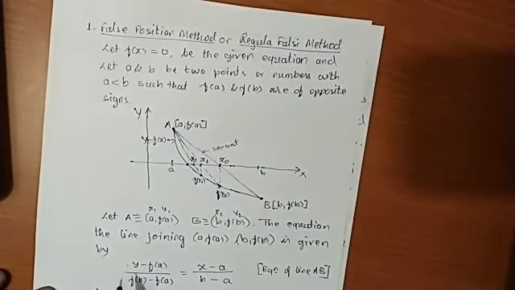So if I put that, I get (0 minus f(a)) over (f(b) minus f(a)) is equal to (x0 minus a) over (b minus a).